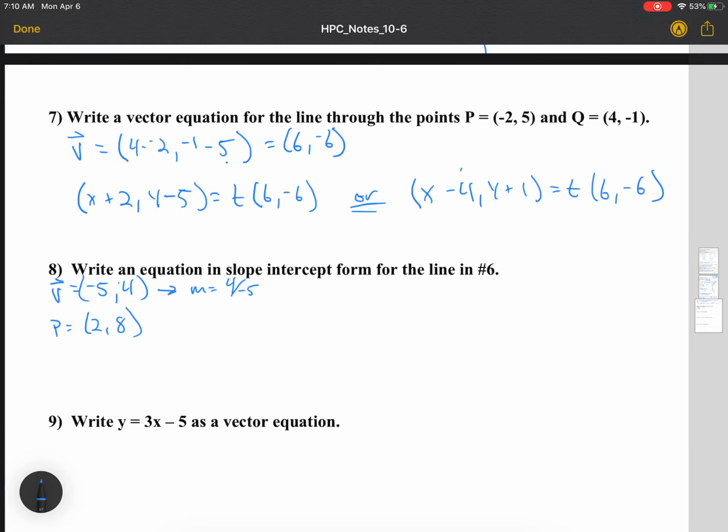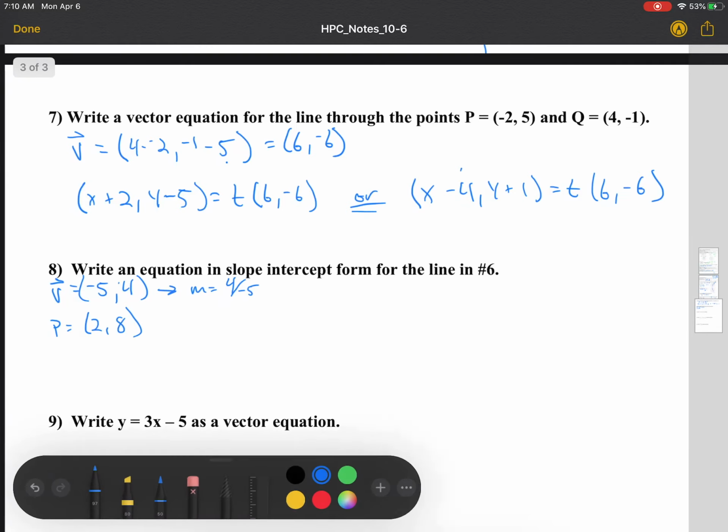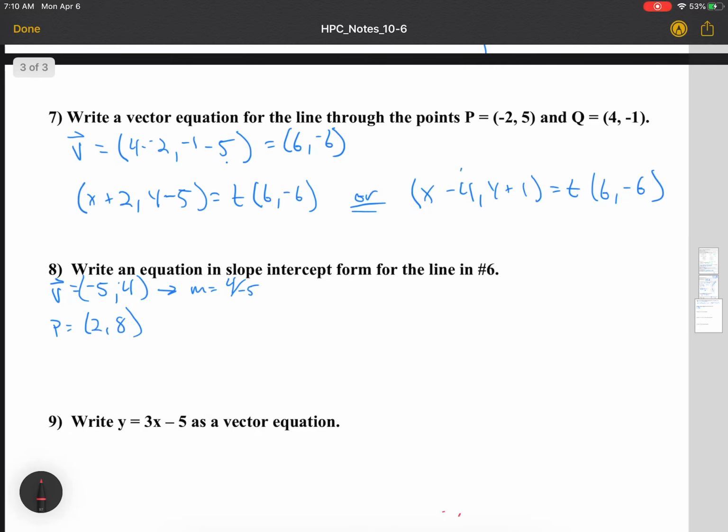We have a point and we have a slope. We can plug that into our form and solve for b. Let's change up the color a little. We have our y point, 8, equals -4/5 times our x, which is 2, plus b. We do a little bit of solving, and we end up with 48 over 5 equals b.